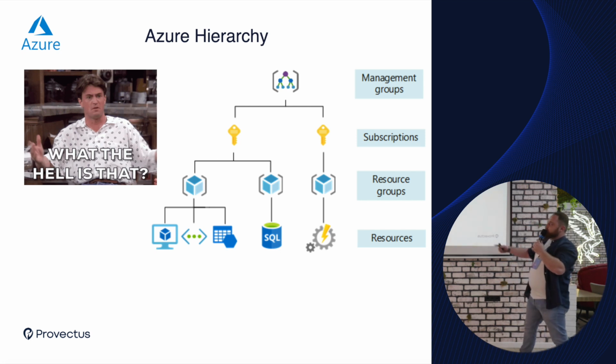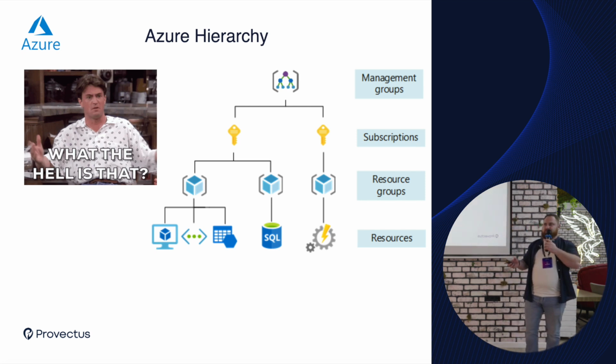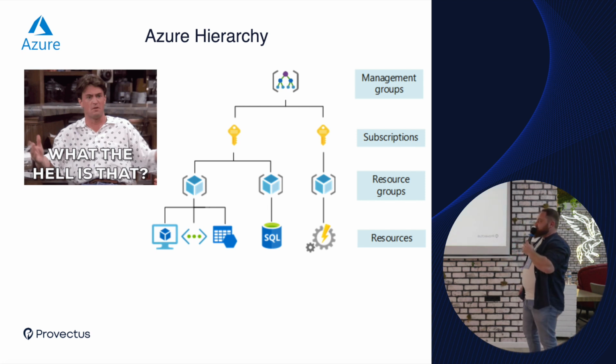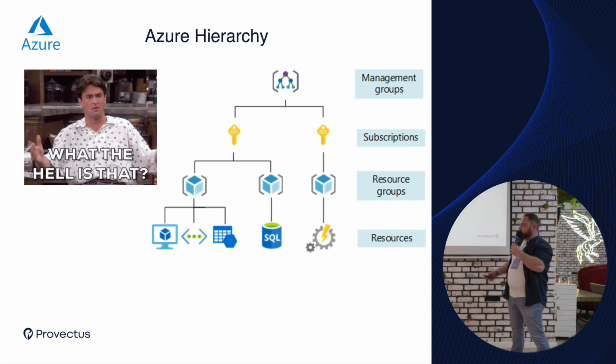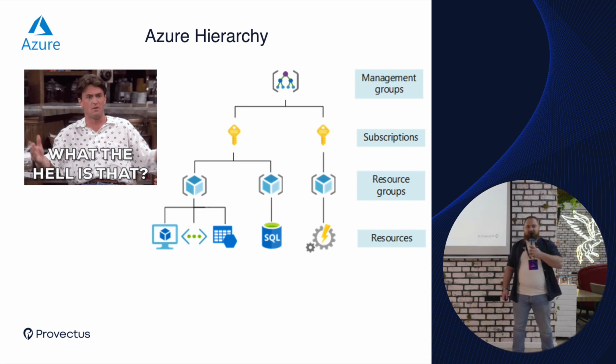The third layer you can see is the resource group. The resource group is again a logical container for the application, which contains several services from Azure. And the last layer is the actual resources. It's SQL servers, storage accounts, virtual machines.